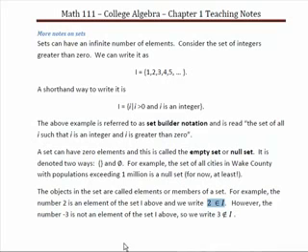For example, -3 is not. So we would write -3 is not an element of I. So it's the element sign here, and if it's not an element, you just strike through it, as you might expect.